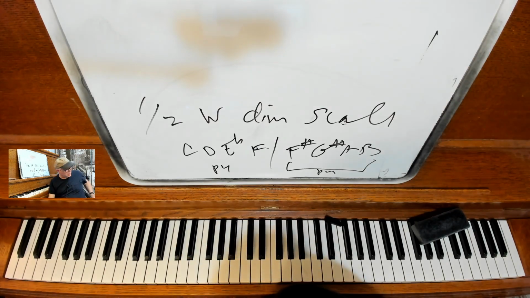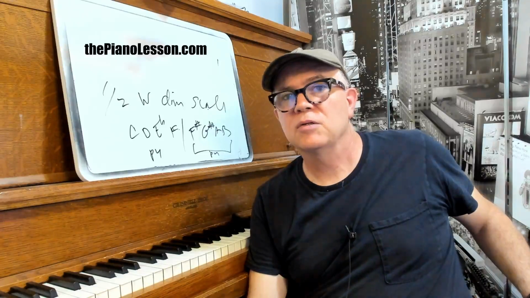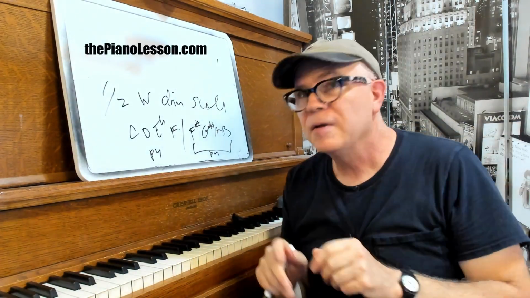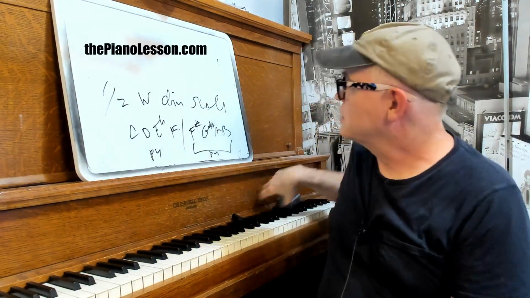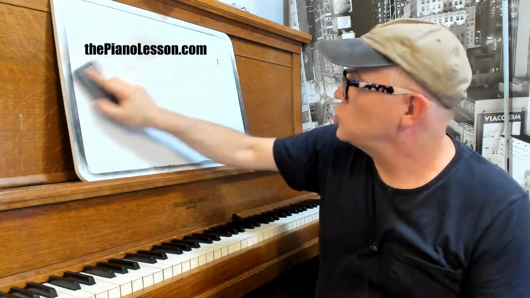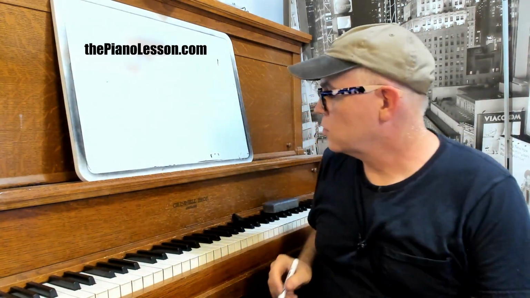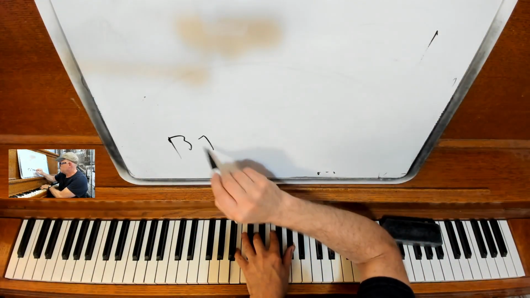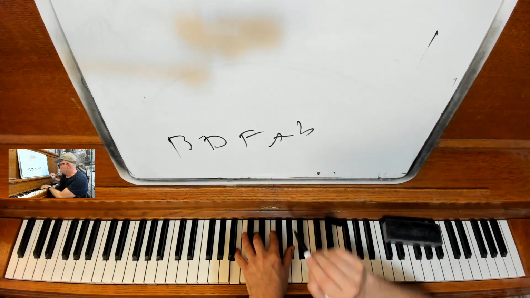See, there's a conjunct aspect to the disjunct scale. They do kind of dovetail together. And the other way to think of it is you think of it as two diminished chords that are dovetailed together. So the B diminished chord, B, D, F, A flat, okay?